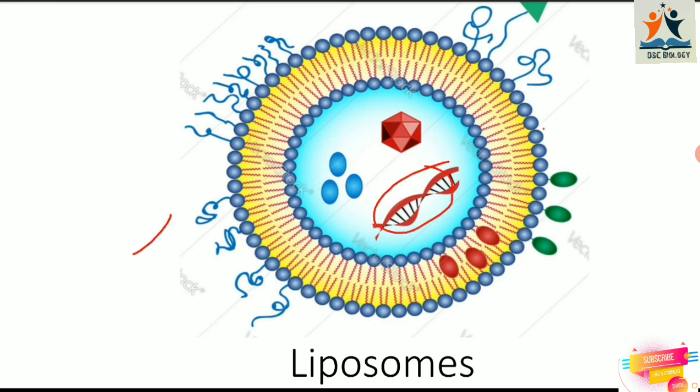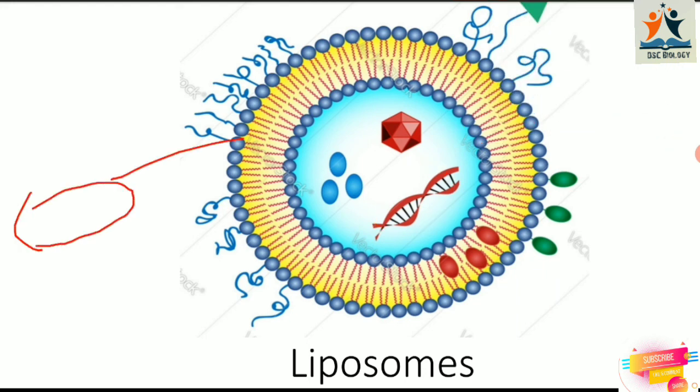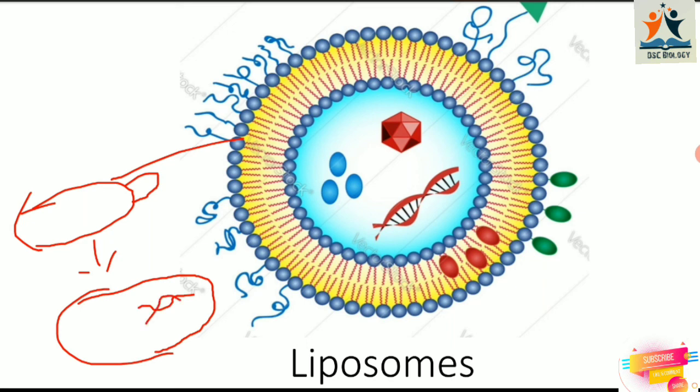It is a phospholipid membrane, a lipid bilayer membrane, and when inserted into the host cell, it merges with the host cell and becomes part of it. Then the desired gene is inserted into the host.